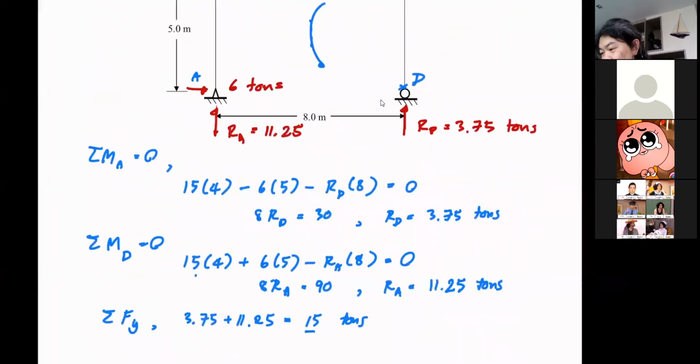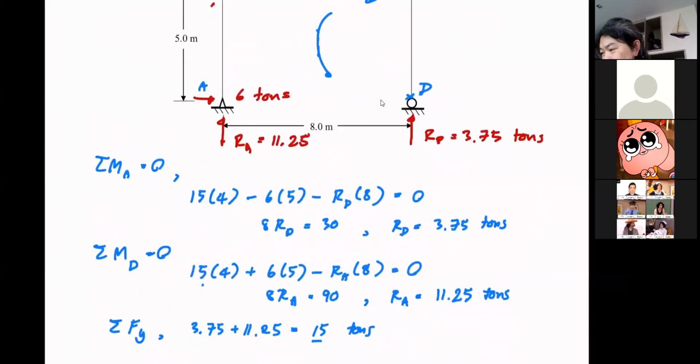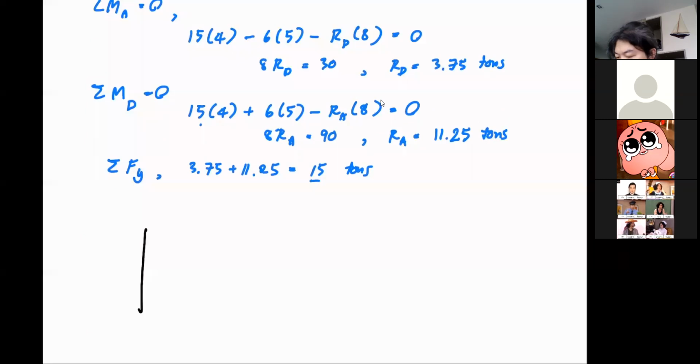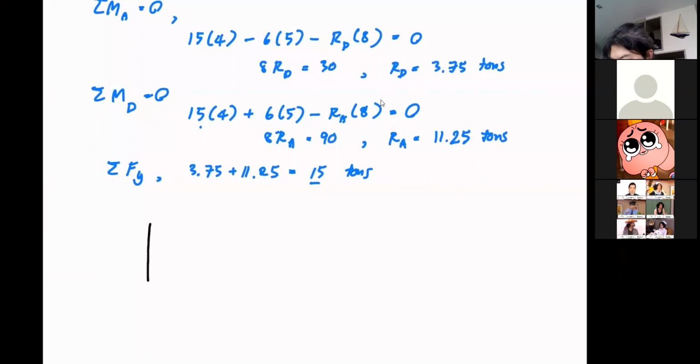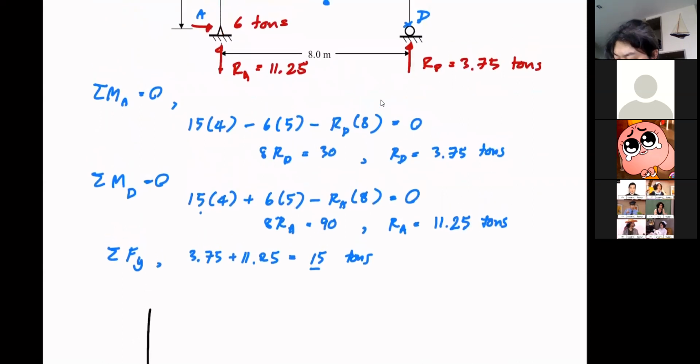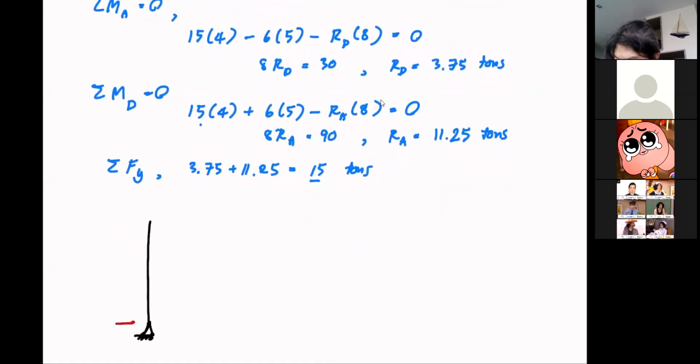So let's go for AB now. Looks ugly. Let's do it again. Okay. I suppose AB looks like this. And we have the reaction, okay, 6 here.